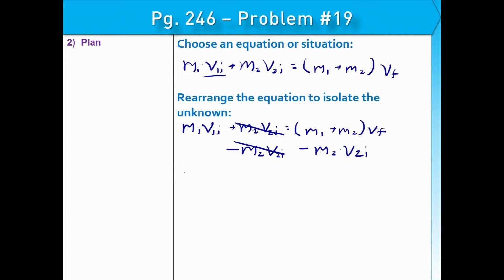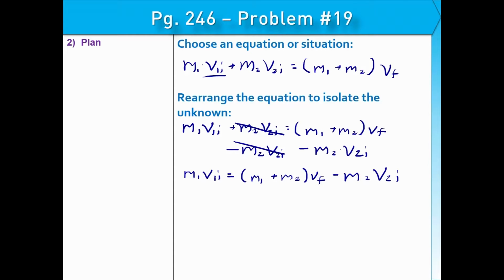On my left-hand side, I'm left with mass 1 times velocity 1 initial, equal to mass 1 plus mass 2 times final velocity, minus mass 2 velocity 2 initial. There are no terms I can combine, so this is what I'm left with.